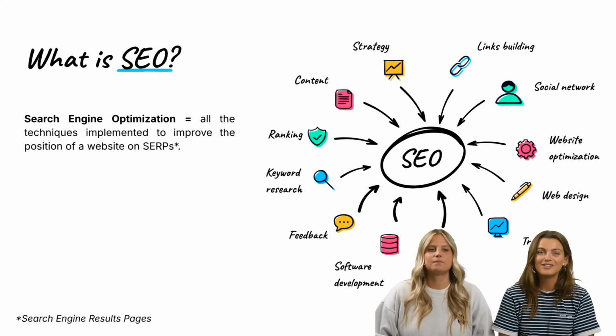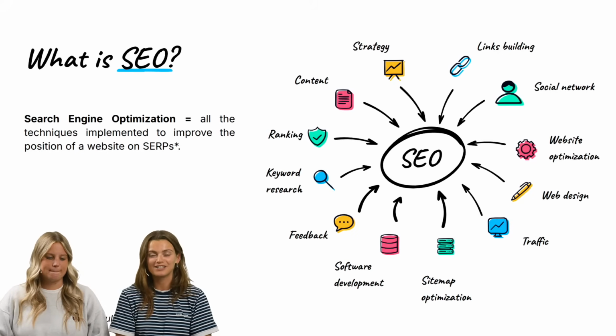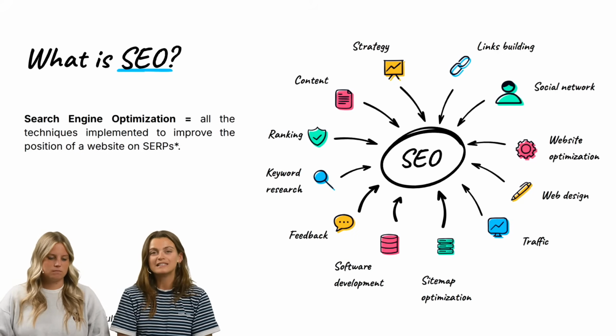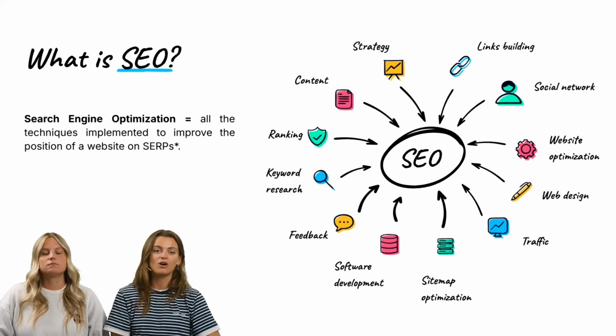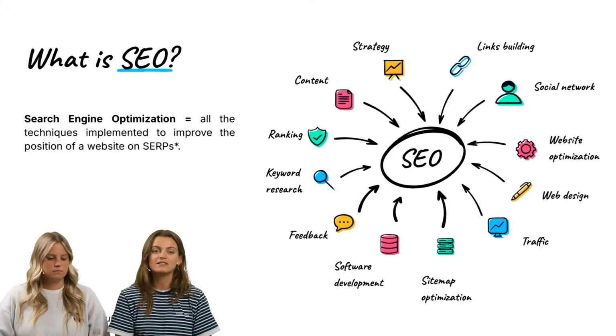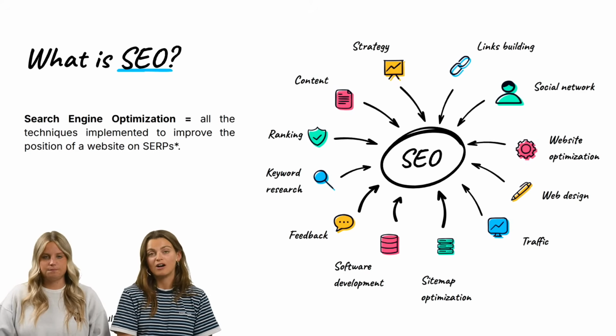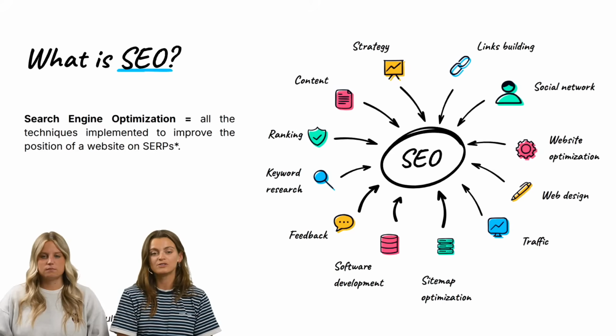So first off, the main question that everyone asks themselves is, what actually is SEO? Basically, SEO means search engine optimization, and it covers all the techniques that you can implement in order to improve the position of your website on the search engine results pages, so on the Google page.